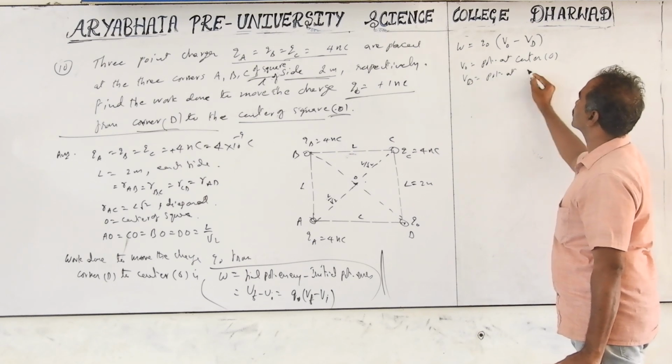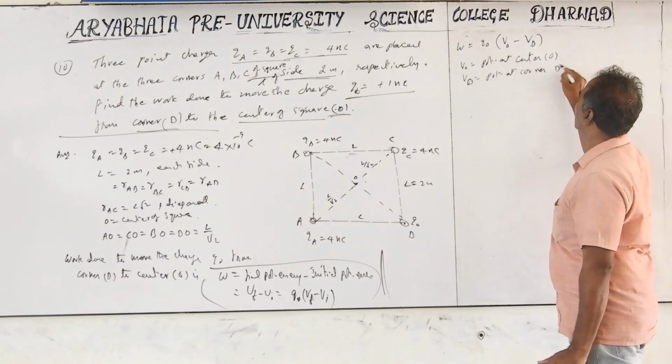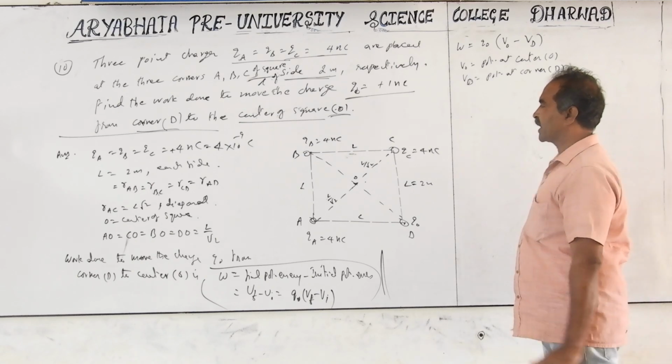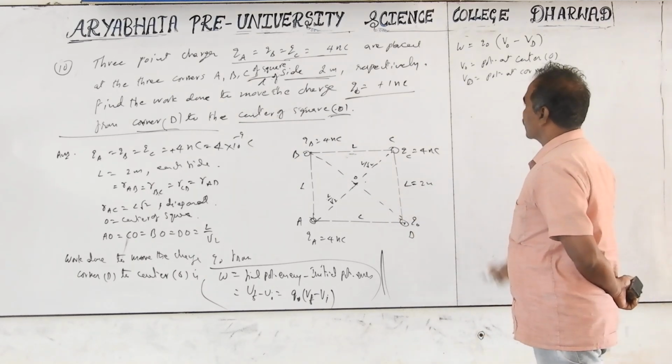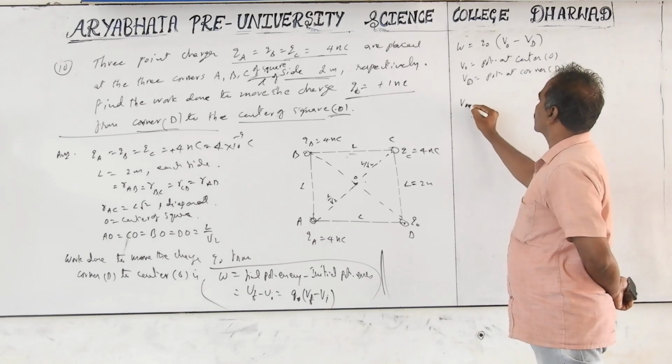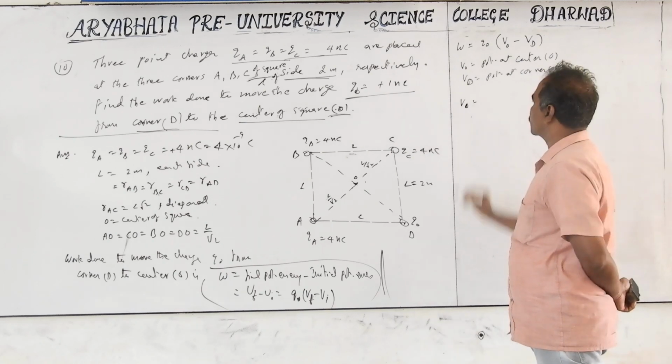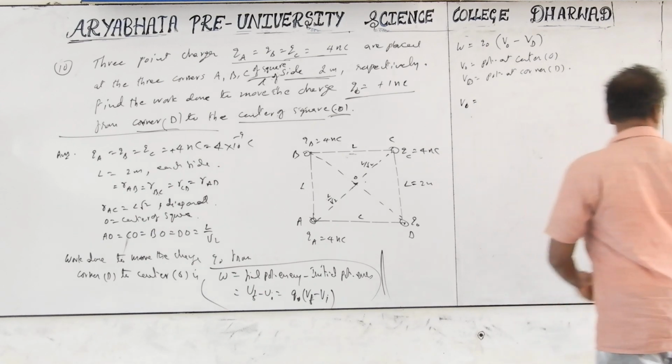At corner D and at O, first you have to calculate the potential in both cases. What is the potential at O? VO is the potential because of all the charges you need to consider, so V1 plus V2 plus V3 plus V4.